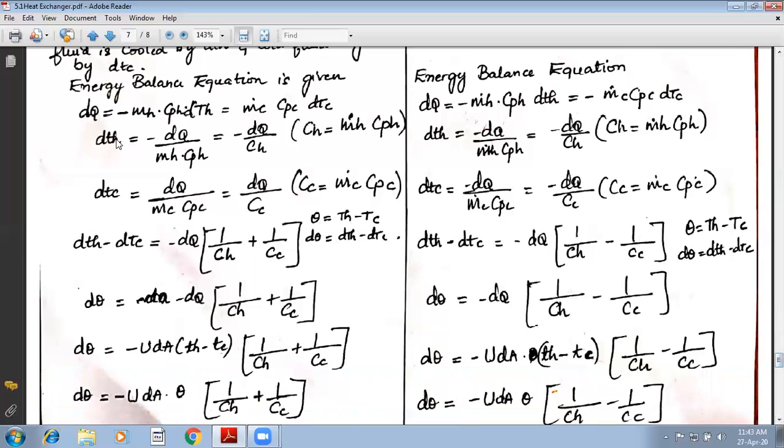Now if you consider these two equations and take the difference of these equations, dTh minus dTc is equal to minus dq divided by ch minus dq divided by cc. Minus multiplied by dq is taken out, 1 upon ch, so minus of minus plus 1 upon cc.